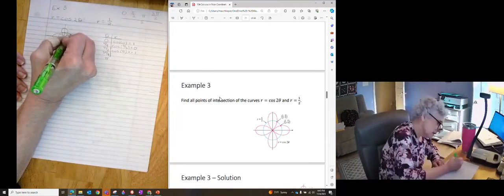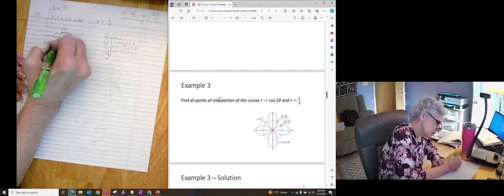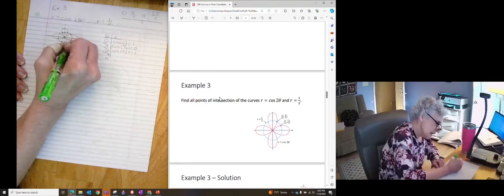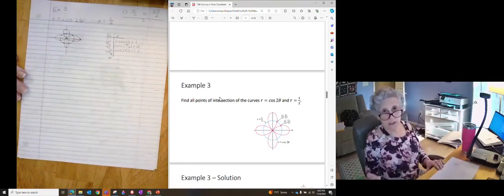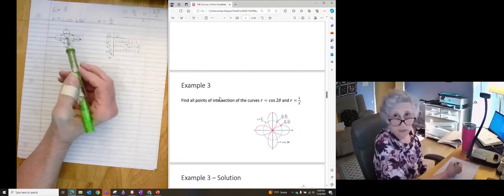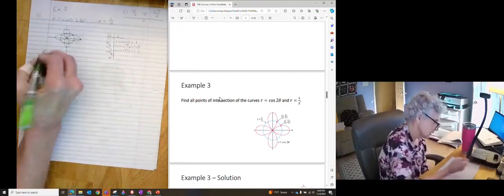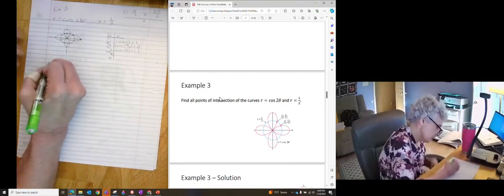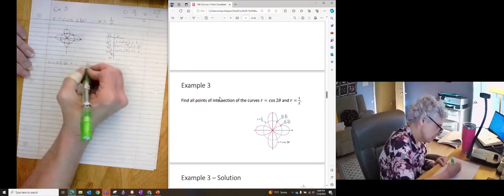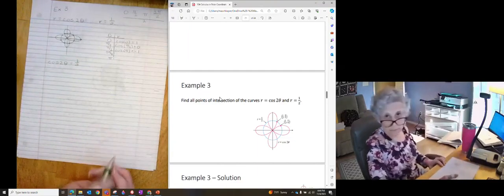So I can see that there are 1, 2, 3, 4, 5, 6, 7, 8 intersection points. The pole is not one of them because the circle doesn't go through the pole, so that's not a problem on this one. Let's set these equal to one another. Cosine of 2 theta is equal to 1/2.